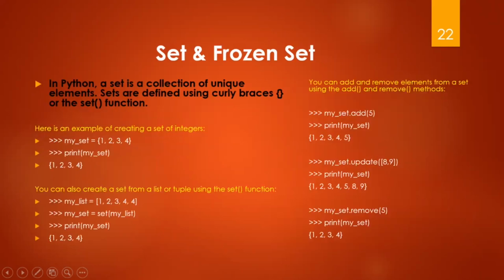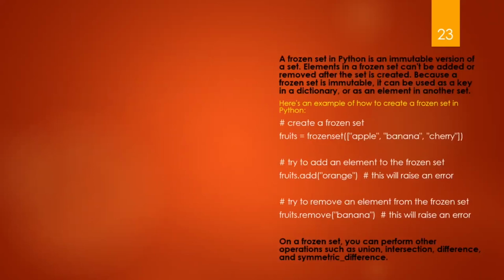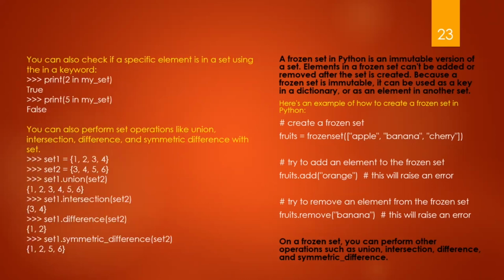Okay. Then we have set and frozen set, which we discussed. Union, intersection. So this is a frozen set, where once you have written frozen set, you cannot do add. This will raise an error, or remove.